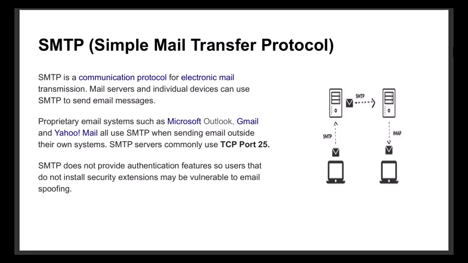SMTP does not use authentication features. It relies on the device to require the appropriate authentication to identify our authorized users. Once a user is authenticated to a device, then the different email systems that are available can be accessed through an internet connection. SMTP uses TCP port 25 to transmit all of our email messages.